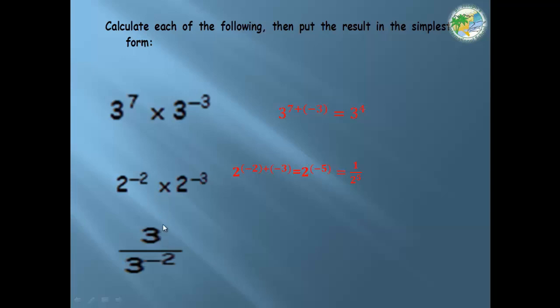This power is 1, so we can change this method. We change the place of this number according to the negative, so it equals 3 times 3 power 2. The same base, so we add the powers together, which equals 3 power 3, which equals 27.